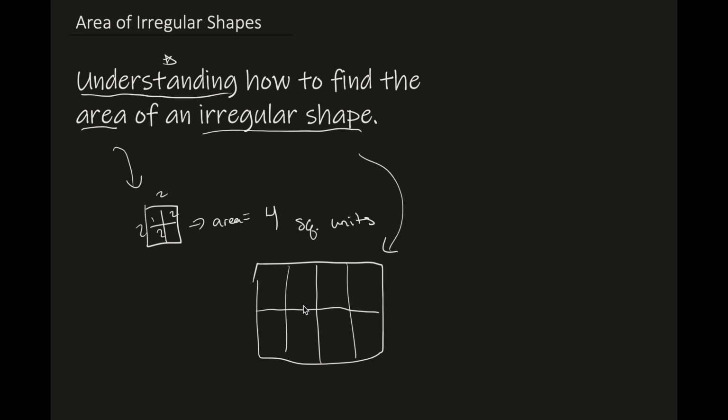Yeah, that's better. And now, what if we had a triangle here? It doesn't line up perfectly, right? There's some half and half here. This one's half in the triangle, half out of the triangle, right? So we're going to be learning how to find the area of an irregular shape, which would be this. Let's go ahead and get started.